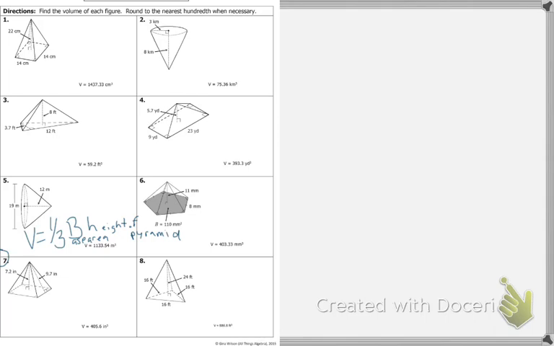So let's look at what they give us. They give us the height. So we already have this right here. We're missing this piece, but we have 7.2.